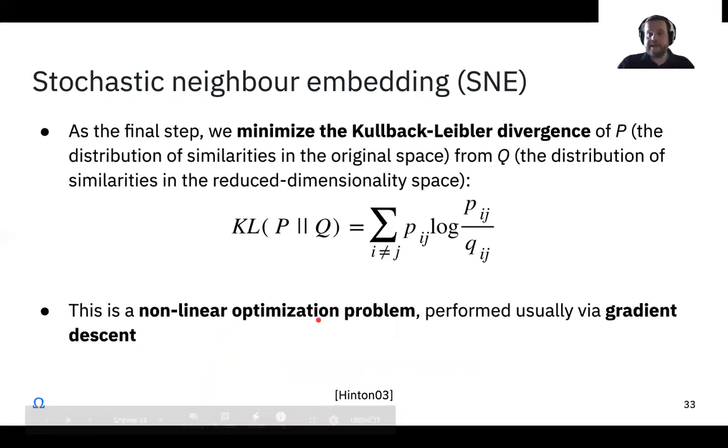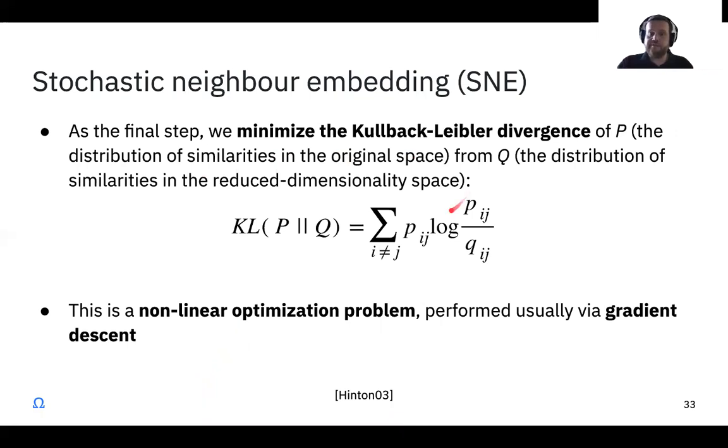And the final step, again on a very high level overview, we're going to minimize what is called the Kullback-Leibler divergence of P, which is the distribution of similarities in the original space, from Q, which is the distribution of similarities in the reduced dimensionality space. So this takes the place of the stress function in MDS basically.